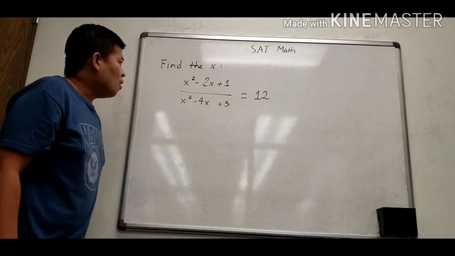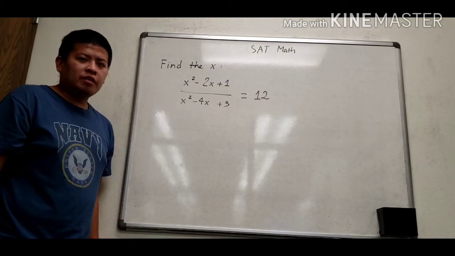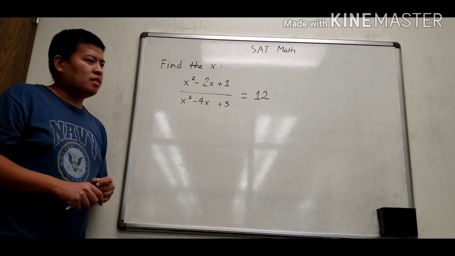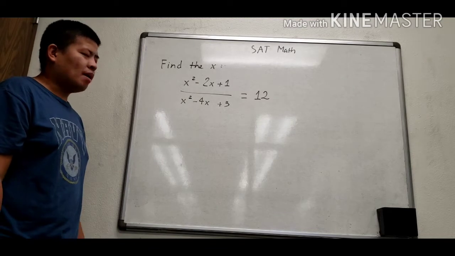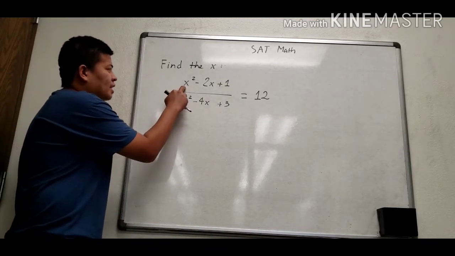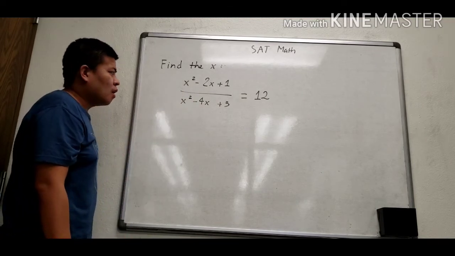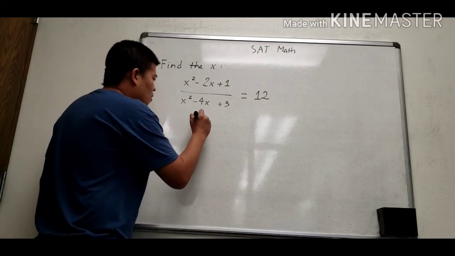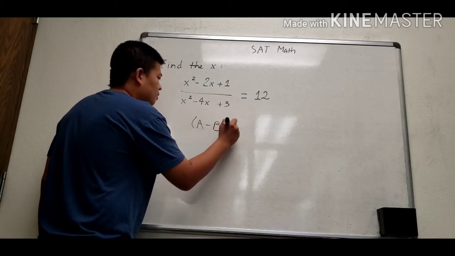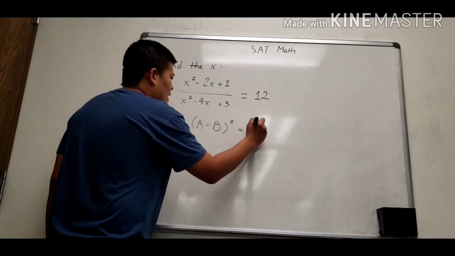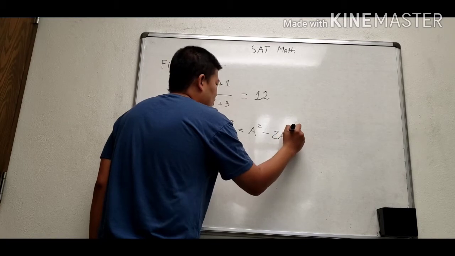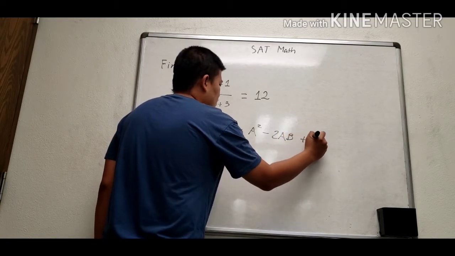So today I will talk about the benefits of the factor. So I use a real SAT math problem, and I will show you how to do the factor and simplify in here. We can see that s power 2 minus 2s plus 1, and we know that a minus b squared is equal to a power 2 minus 2ab plus b power 2.